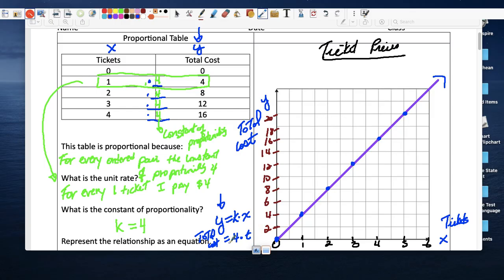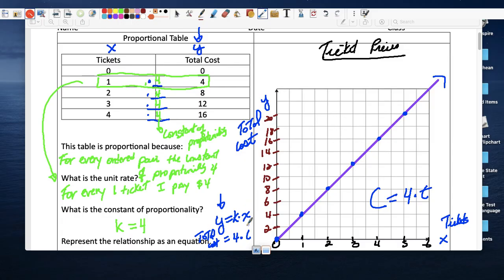So my equation can be in two forms. One, it can be using the letters in the context of this story. So instead of t, I'm going to write cost. Cost for the evening is going to be 4 times the number of tickets.